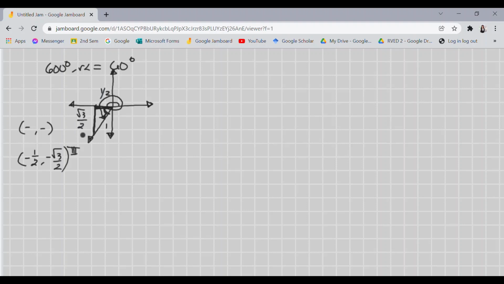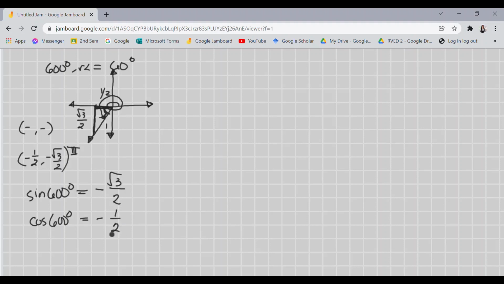So if we answer here, if you are asked for sine 600, you can easily say that sine 600, okay, your sine is the y coordinate, so you answer negative square root of 3 over 2. And then if you're asked for cosine 600, you answer with the x coordinate or negative 1/2.